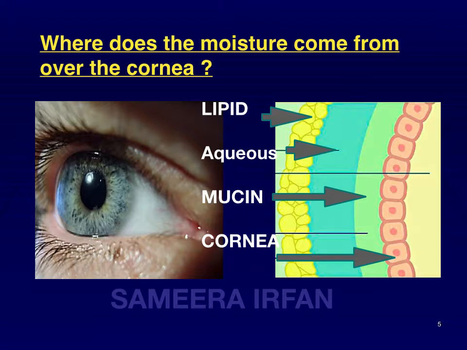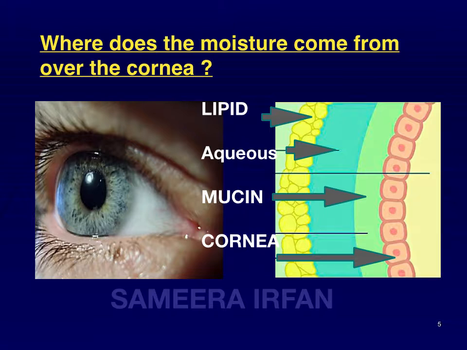They gather in the lateral canthus, and because the lateral canthus is about 2 millimeter higher than the medial canthus, by virtue of gravity they flow along the lower lid margin, provided the lower lid margin is tightly opposed to the globe.